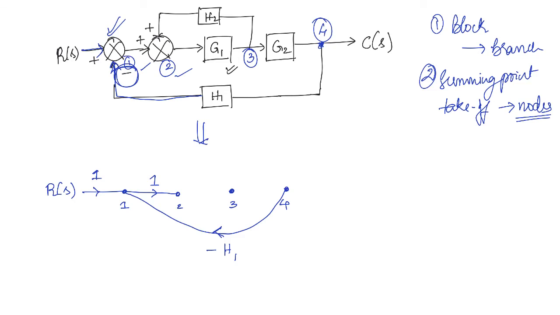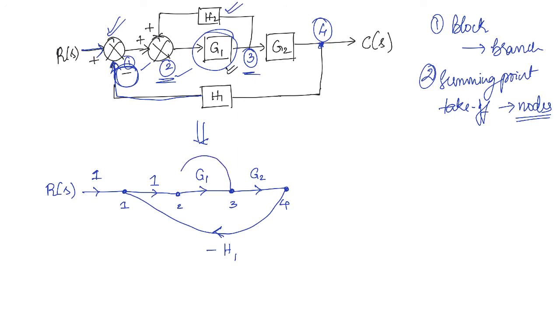Next, 2 and 3 are connected by a block of gain G1, so the branch gain will be G1, and again 3 and 4 are connected by branch gain G2. And from 3 to 2 you have another block which is H2.